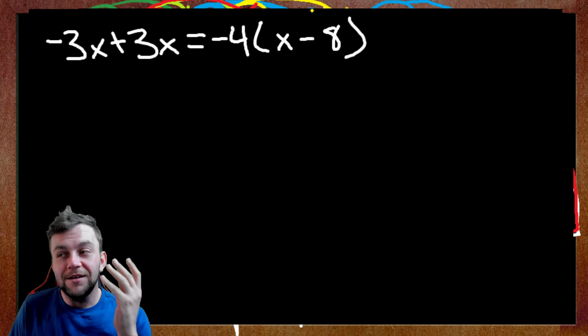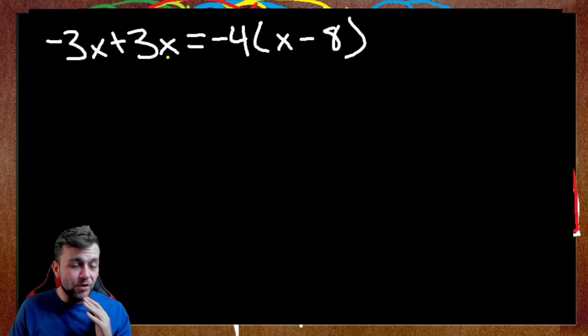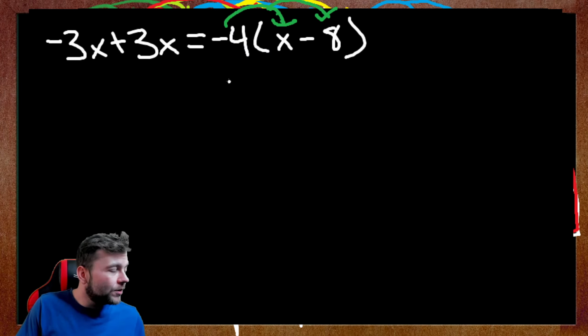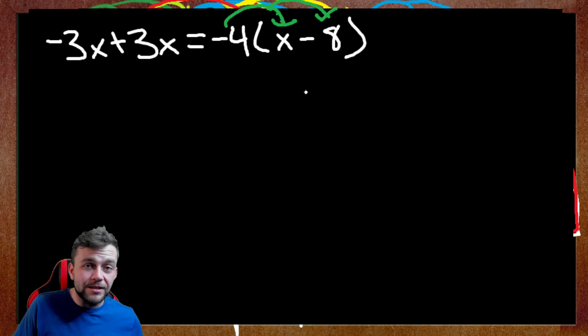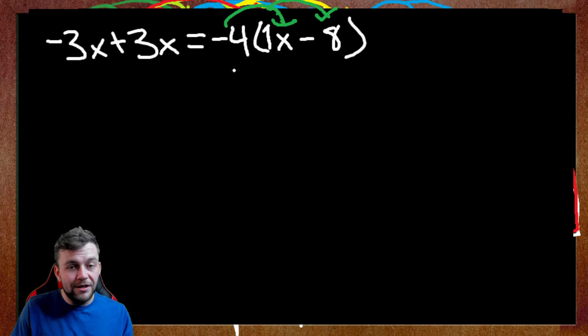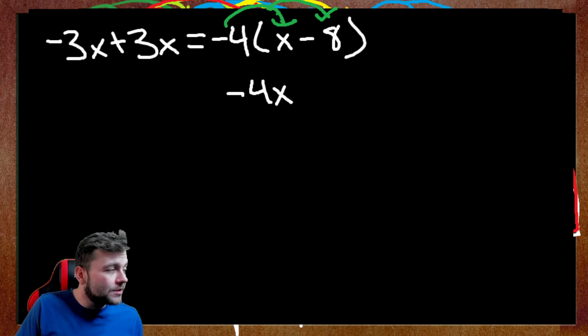It should become automatic when you see parentheses. You need to distribute through them when you're solving an equation. So let's distribute through this parentheses. We have a negative 4 being passed around to its friends. Negative 4 times x, there is that imaginary 1, is negative 4x.